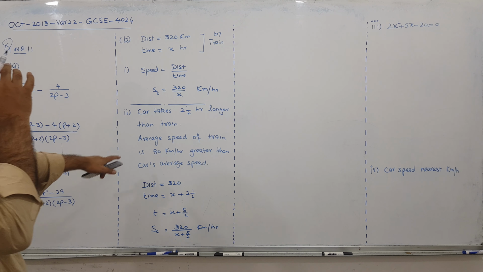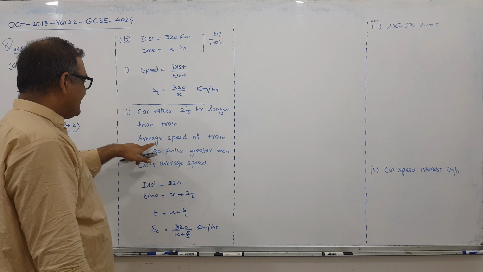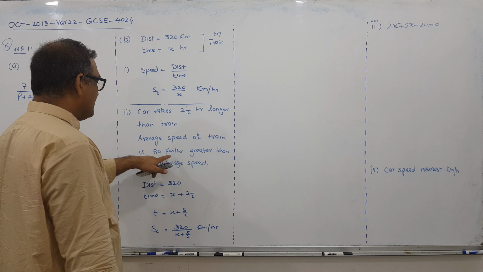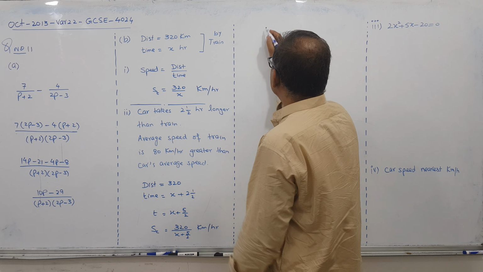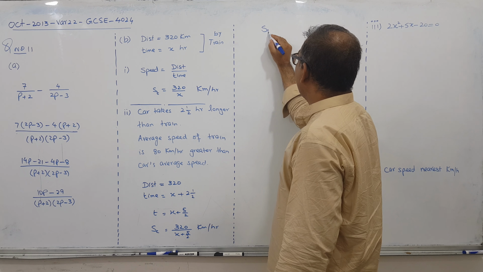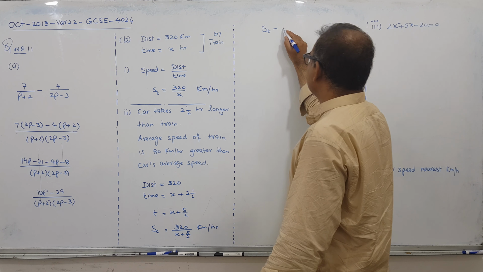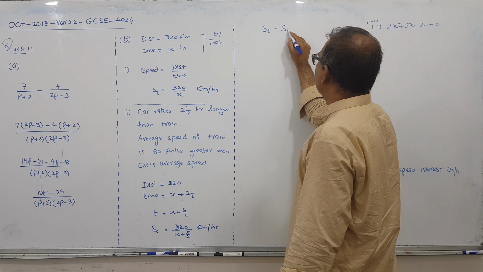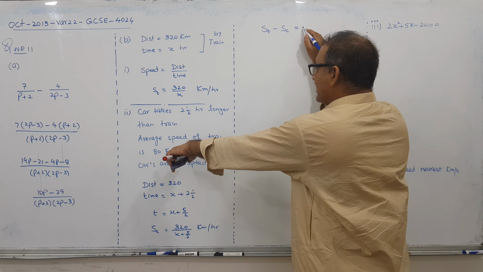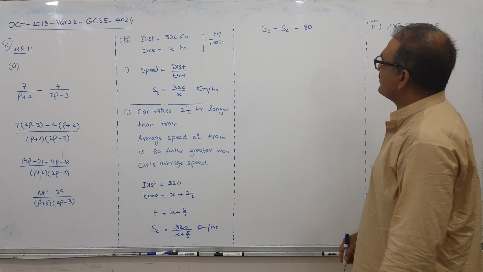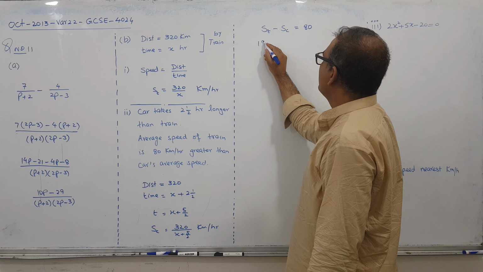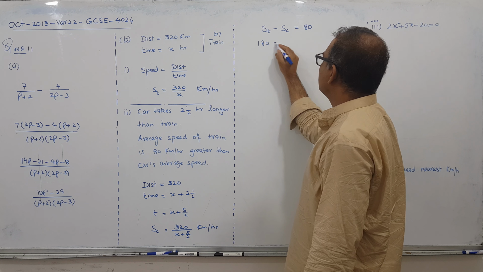Now this sentence is very important. Average speed of the train is 80 kilometers per hour more. So can I say that the speed of the train is bigger? Yes. And the speed of the car is smaller, but how much? 80. Okay, so for example, this is 180 and this is 100.